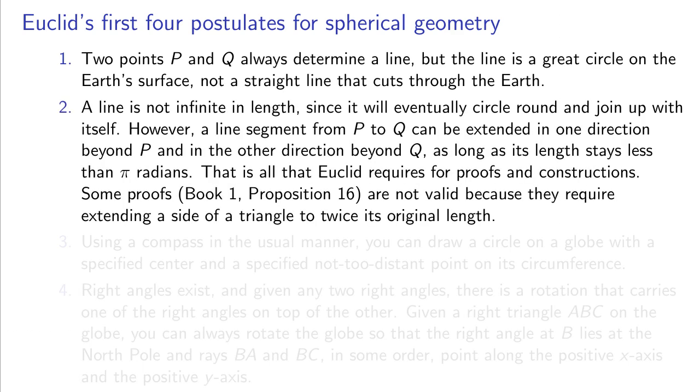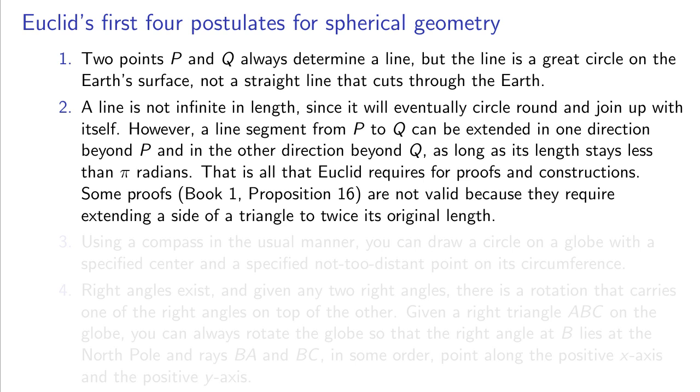Second postulate, a line can be extended as far as you like in either direction. Well, that's certainly not quite true in spherical geometry. If you give me a line segment, for example, the great circle route from Athens to Persepolis, I can extend that west of Athens, I can extend it east of Persepolis, but there's a limit to how far I can go.